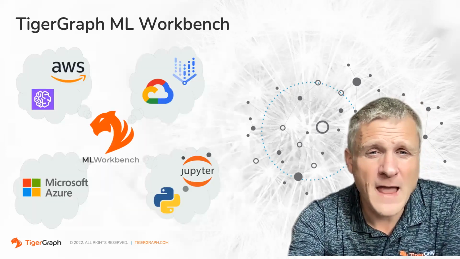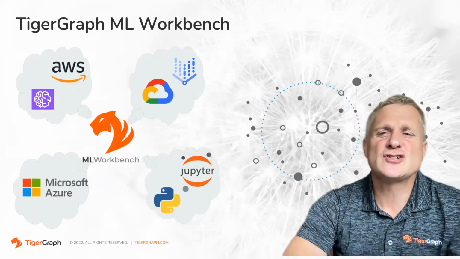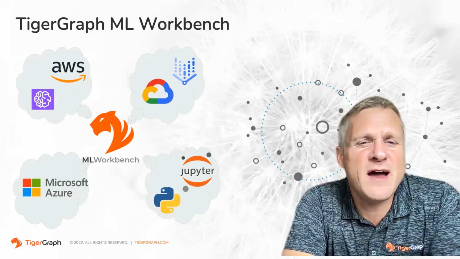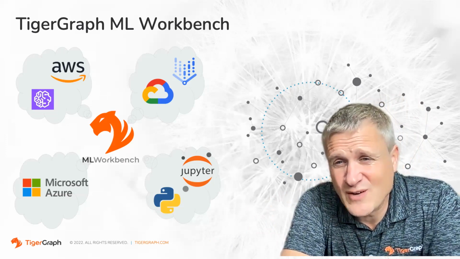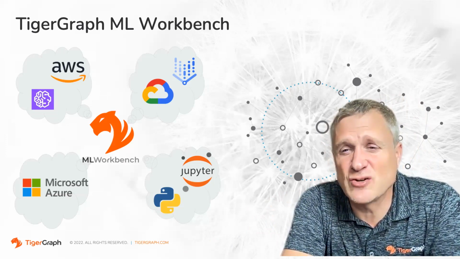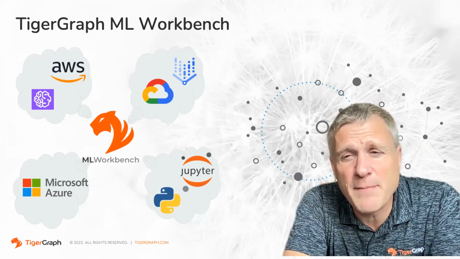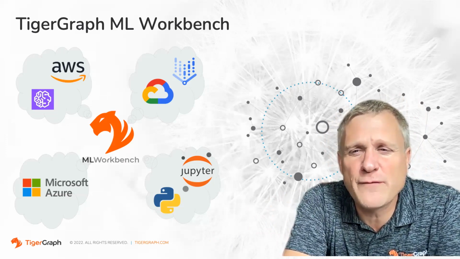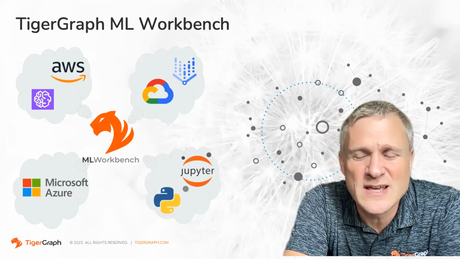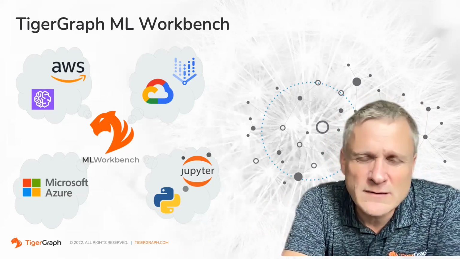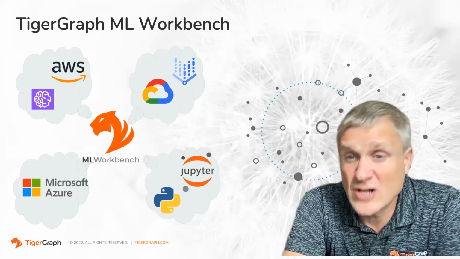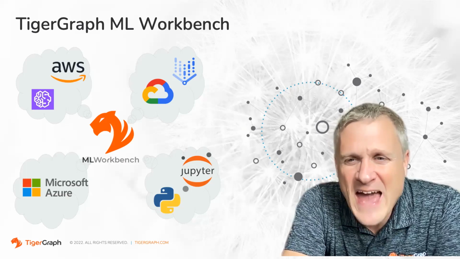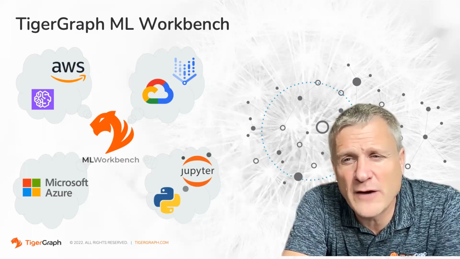And just before we go, because this is an introductory talk and we've really talked about the generalities, I just want to let you know about the TigerGraph Machine Learning Workbench. This is a really cool new tool that allows you to think about graph machine learning, because it allows you to connect your favorite frameworks, cloud providers, tools, and pre-built models in the cloud world directly through to TigerGraph as a back-end graph database, so that those cloud tools behave as if they were built natively on a graph database.